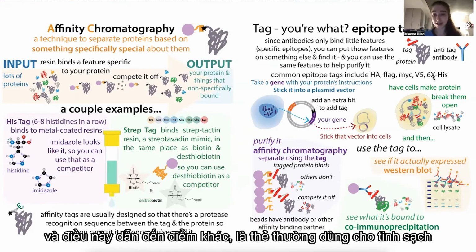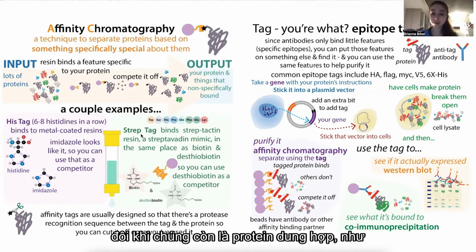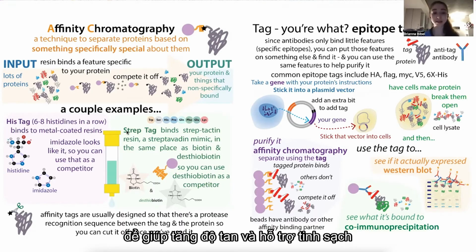And that brings me to my other point, that the tags can often also be for purification. So sometimes you might see a HIS tag, you might see a Strep tag. Sometimes they're also a fusion partner, like an MBP or GST on it to help with solubility, as well as potentially with the purification.